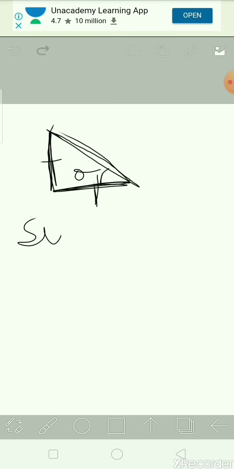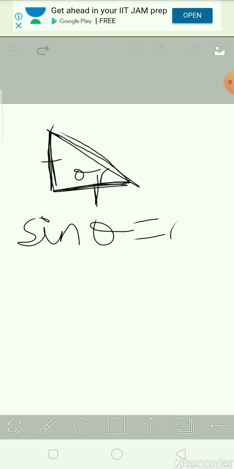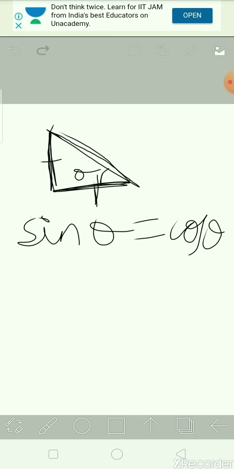Here is angle theta. What we have is sin theta equals cos theta. Why? That's because the opposite side is equal to the adjacent side, and opposite by hypotenuse would be equal to adjacent by hypotenuse.